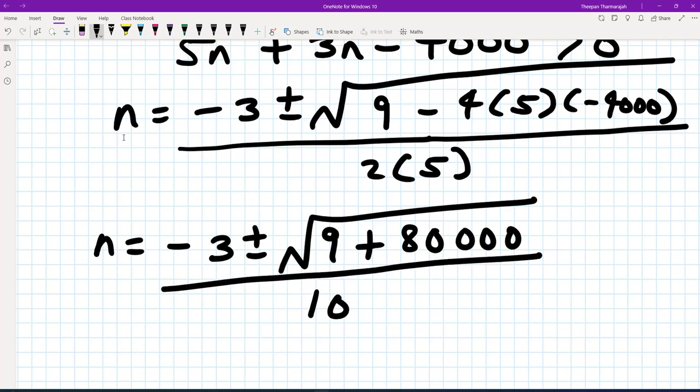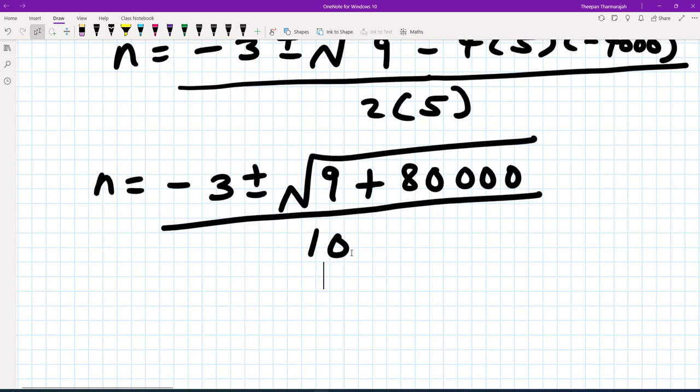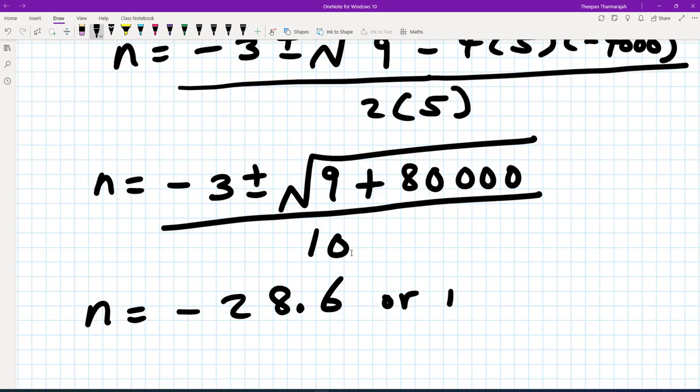Now we can use our calculators to solve that. So we're going to get two values of n, one being minus 28.6 or n equals 28.0.